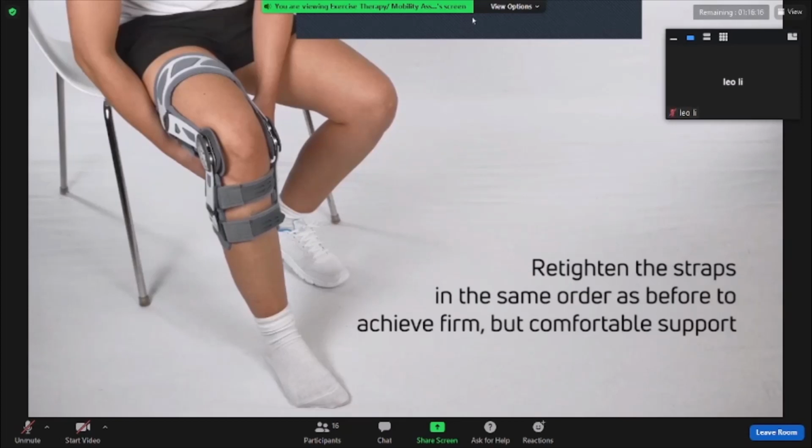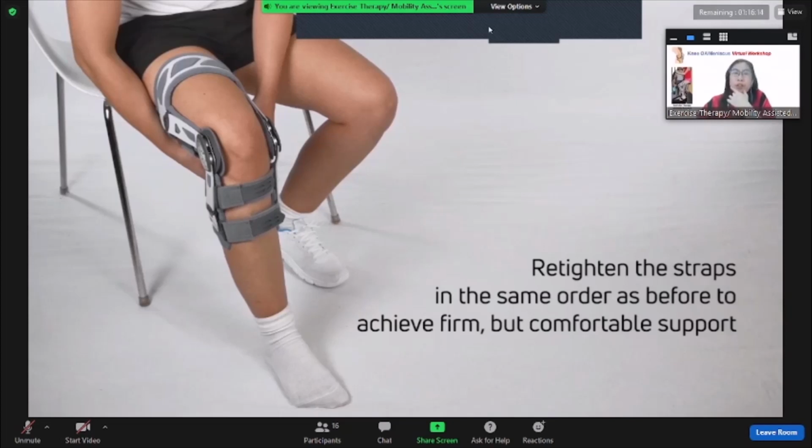I think I just thought of a question, Leo. One of the common feedback that I usually get from patients who are given the rigid brace, like the OA Nano, is that the brace actually slides down. So this is one of the very common issues that we hear.